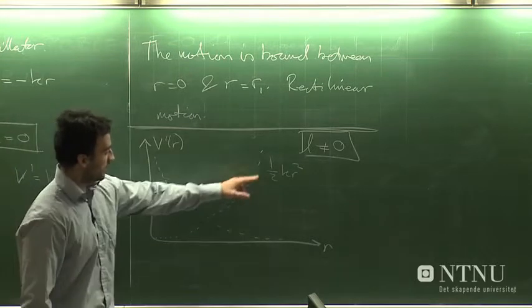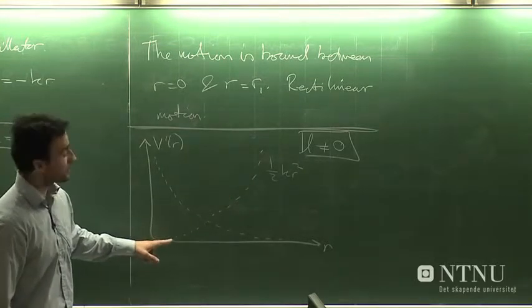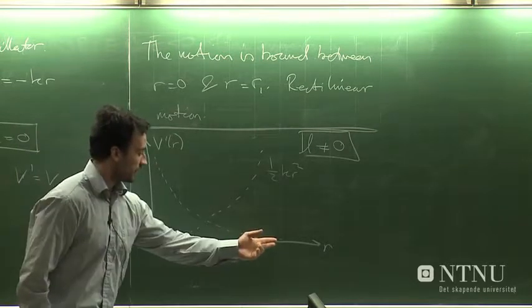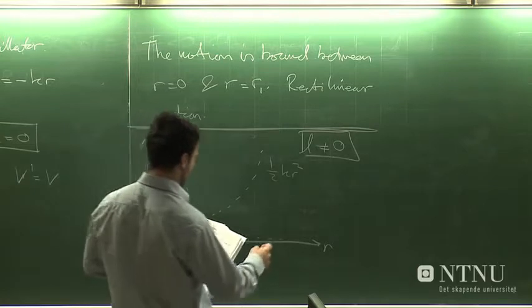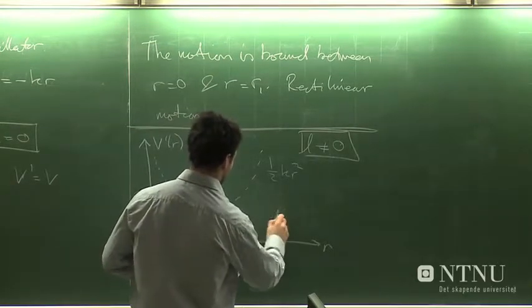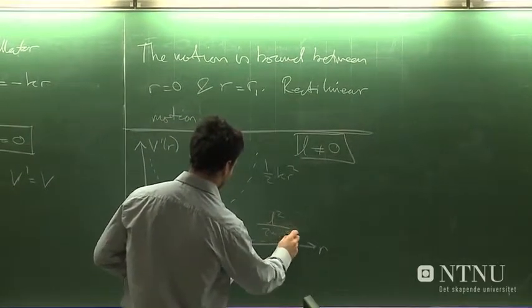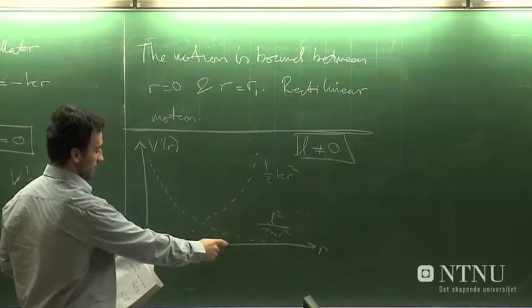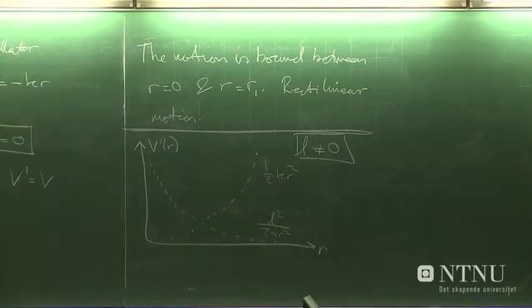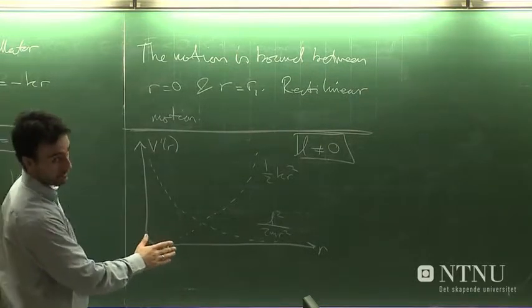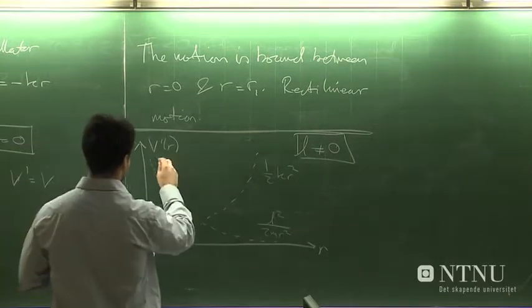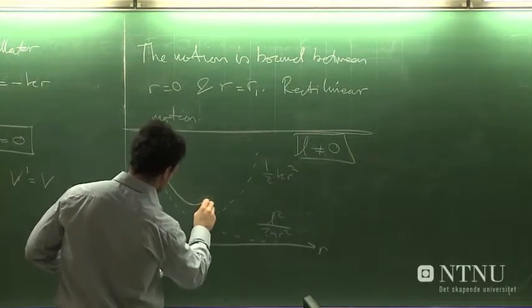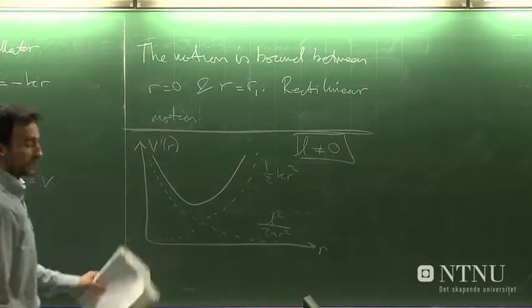We have the harmonic oscillator potential, but we also have this term stemming from the conservation of angular momentum. So we have these two terms that make up the total potential energy. And if we add these terms, we should get something like that.